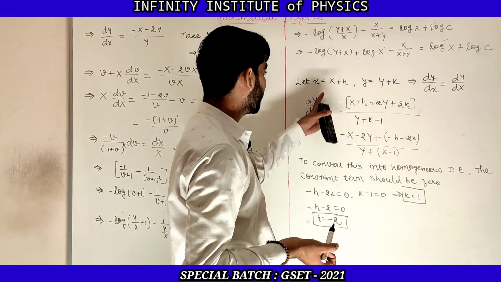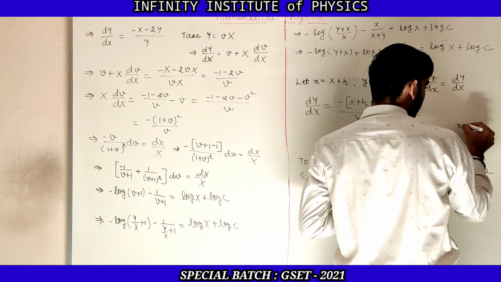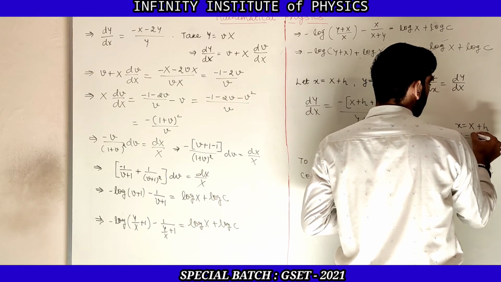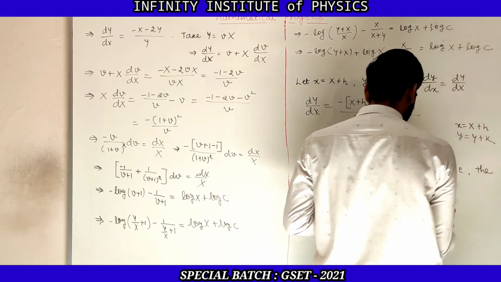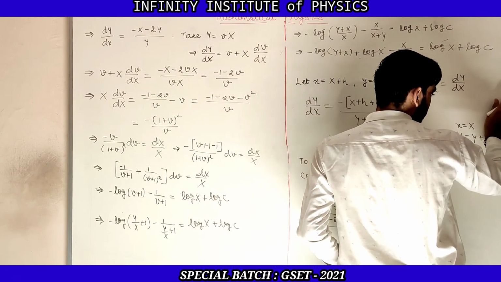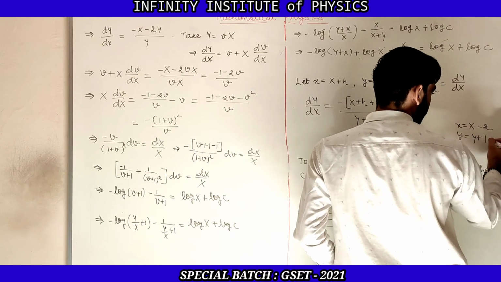And now let us put what we have assumed, that I am writing here: small x is equal to capital X plus h, small y is equal to capital Y plus k, and the values of h and k are, h is minus 2, so directly writing here minus 2, and k is plus 1, so it is y plus 1.